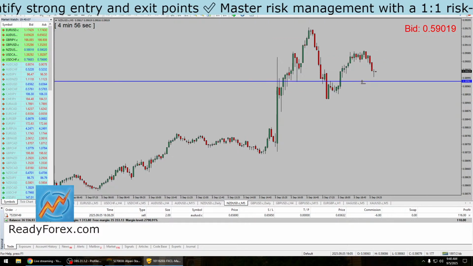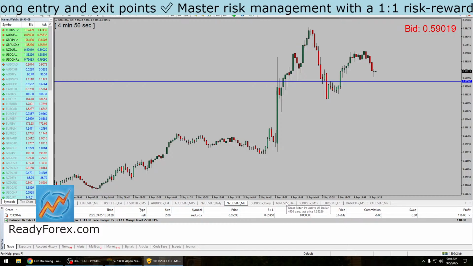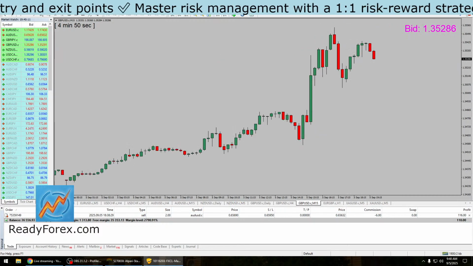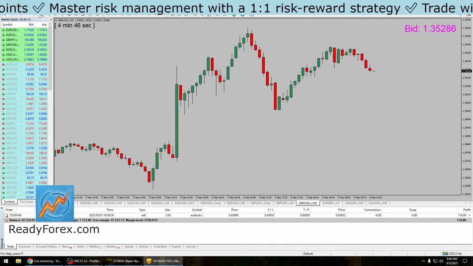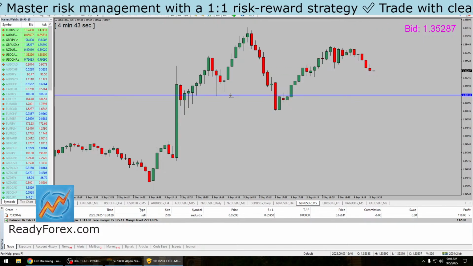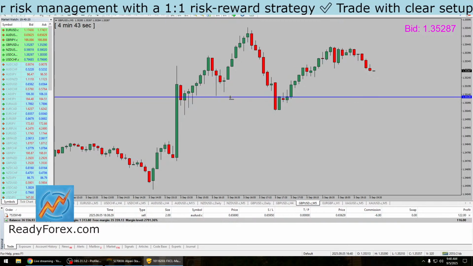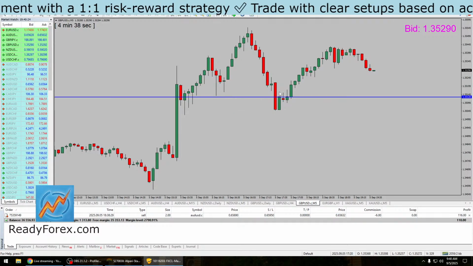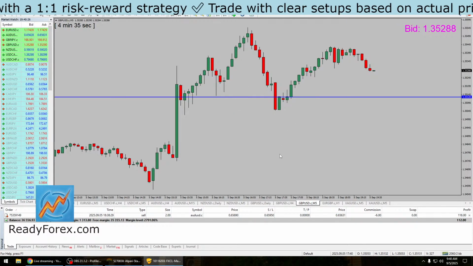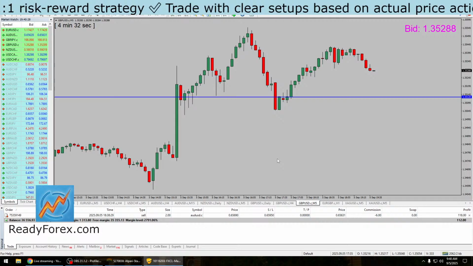Okay, let's use this low over here. Next, the GBPUSD. This is the swing low right over here, and I'm waiting for the price action to drop and take out this low in the GBPUSD currency pair, the pound dollar.